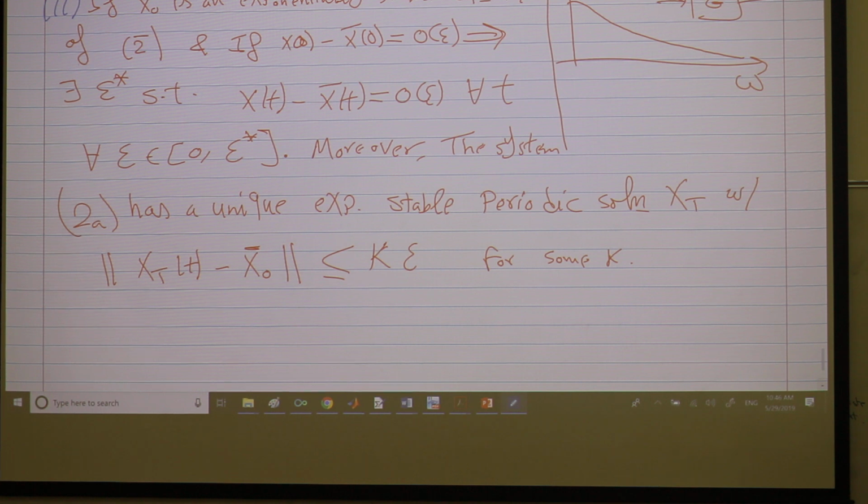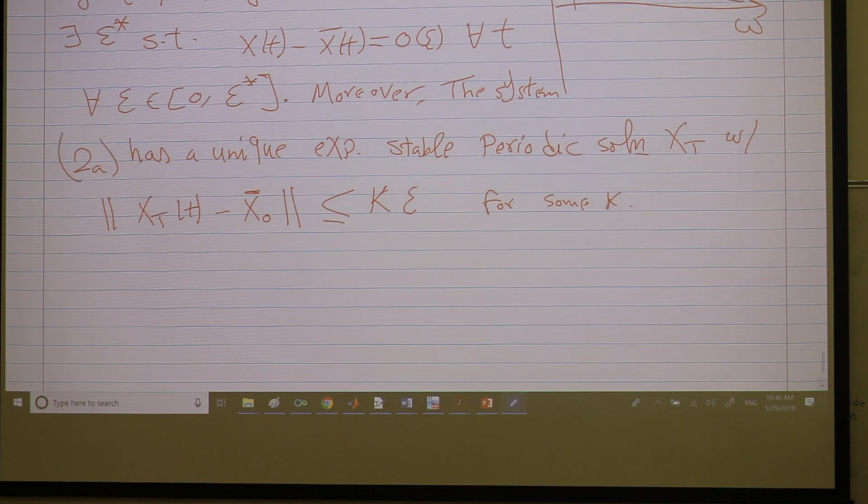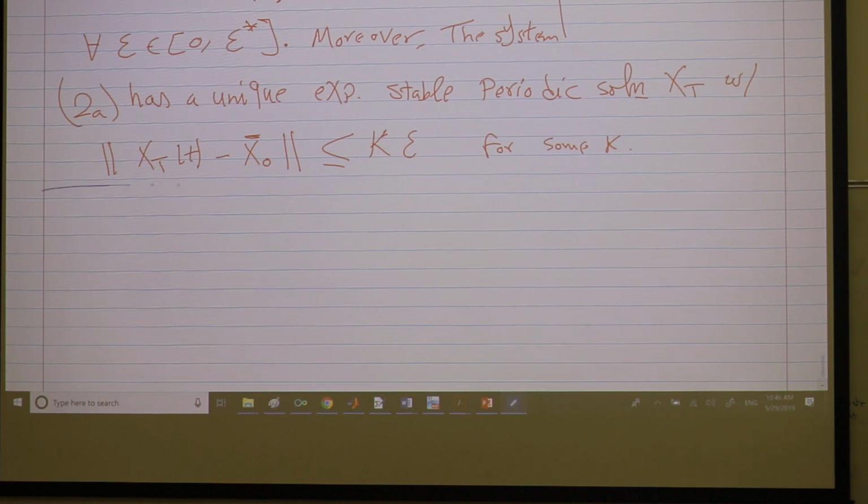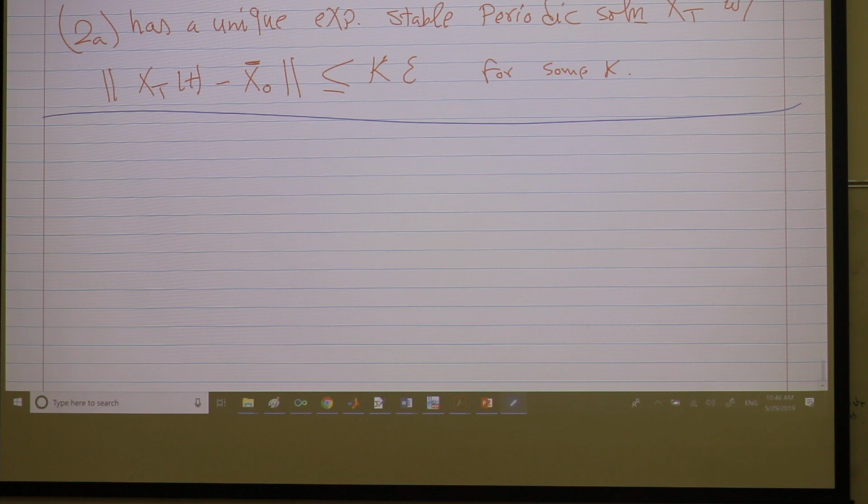I don't think we will have time to give an example for averaging. Actually, we may. Let's get the same example, the inverted pendulum, mass, length L, angle theta, and z is z cosine omega t.